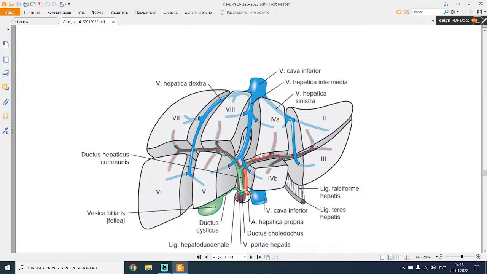So you see vena hepatica dextra, vena hepatica intermedia, and vena hepatica sinistra drain into the vena cava inferior. This is the porta hepatis, divided into two branches, right and left.